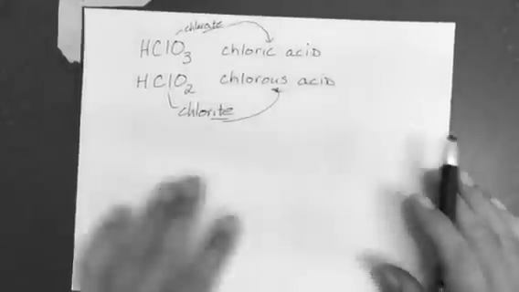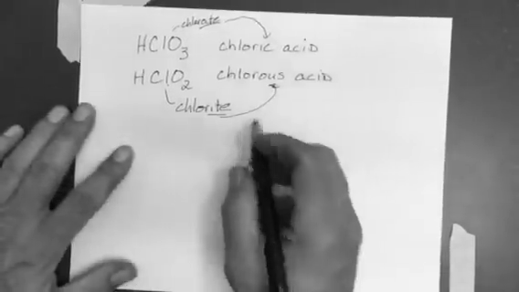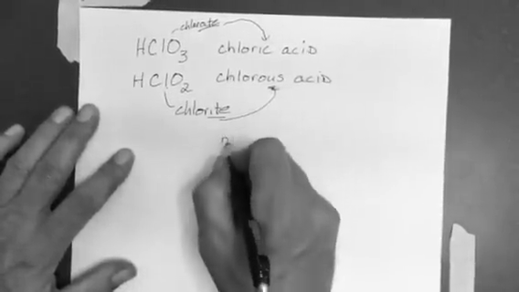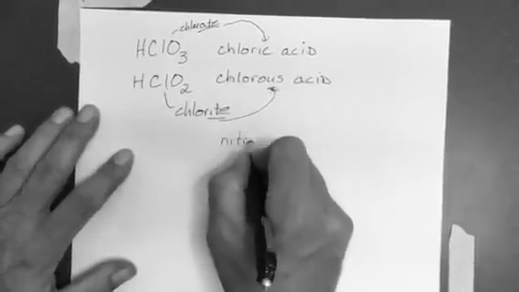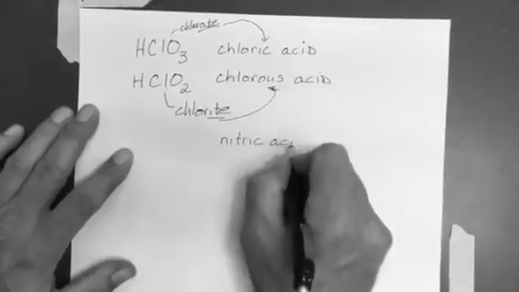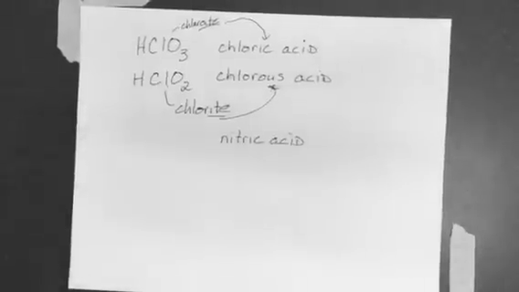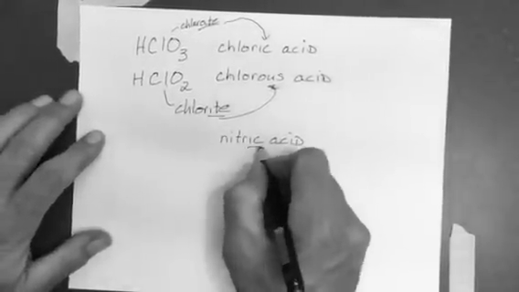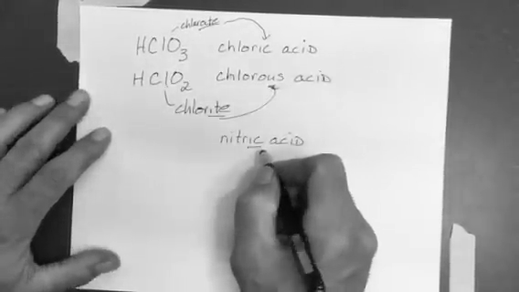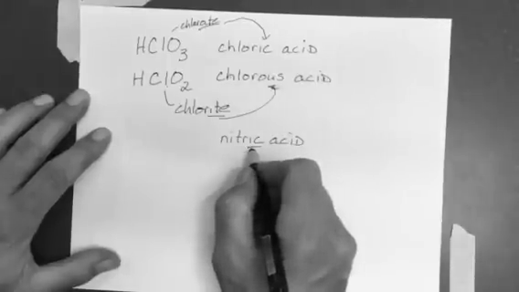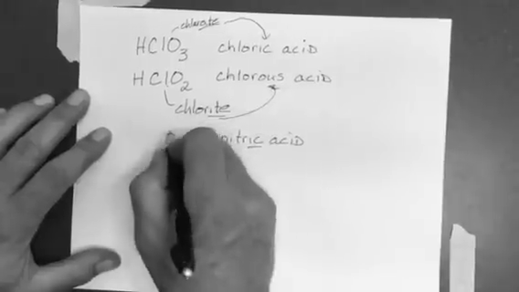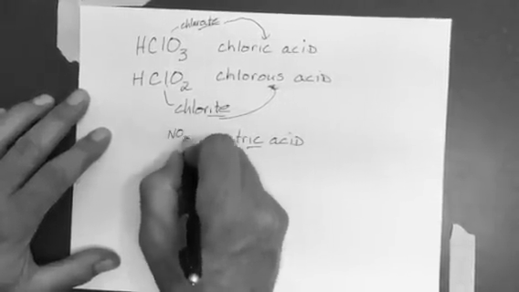Let's do one more. Let's have you go back the other way. Let me give you nitric acid. And let's put a formula to that. Okay, nitric comes from nitrate. So you have to ask yourself, what is nitrate? Well, nitrate is NO3.